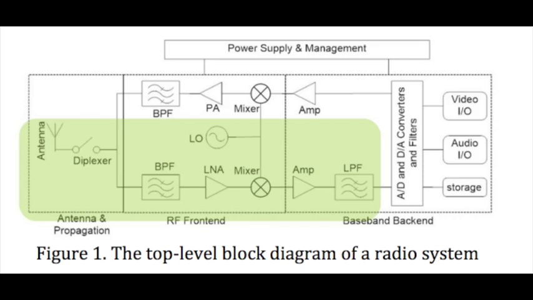This amplifier doesn't have any effect on the signal frequency, and the last part of the radio receiver is the low pass filter, and this filter passes the signals with a frequency lower than the certain cutoff frequency, and attenuates signals with frequencies higher than the cutoff frequency, and it's used for analog to digital conversions.